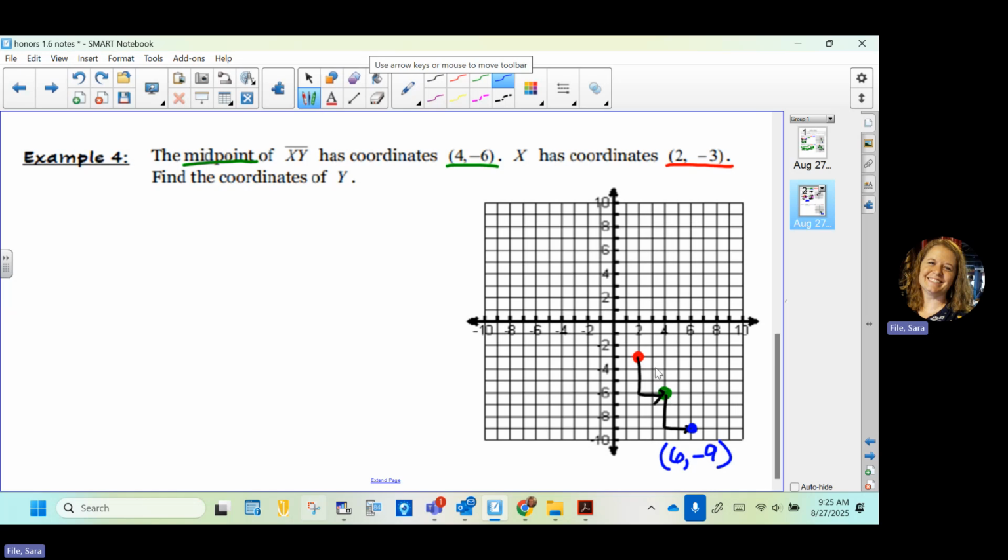So you have to pay attention to which of the points given is the middle and which is an endpoint. Now you could have done this algebraically and you should have gotten the same thing. Does anybody need me to go over it algebraically?